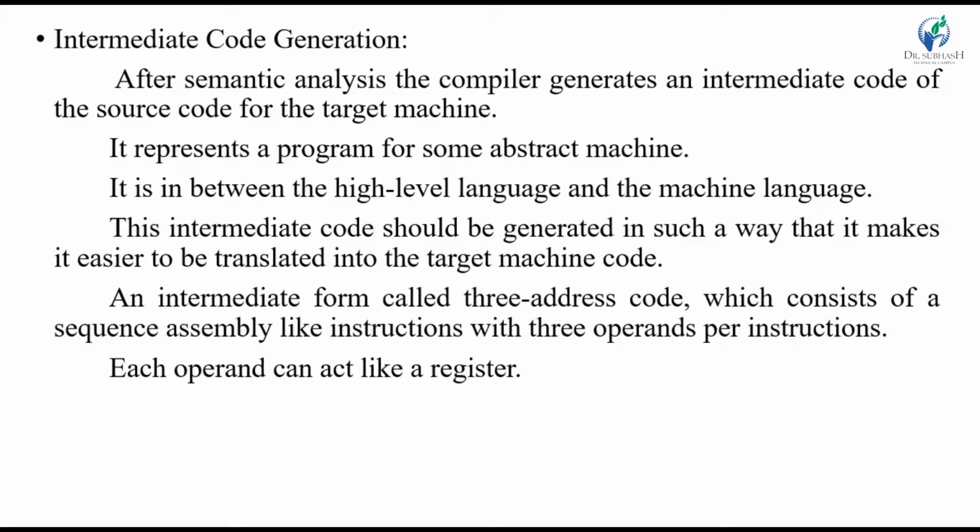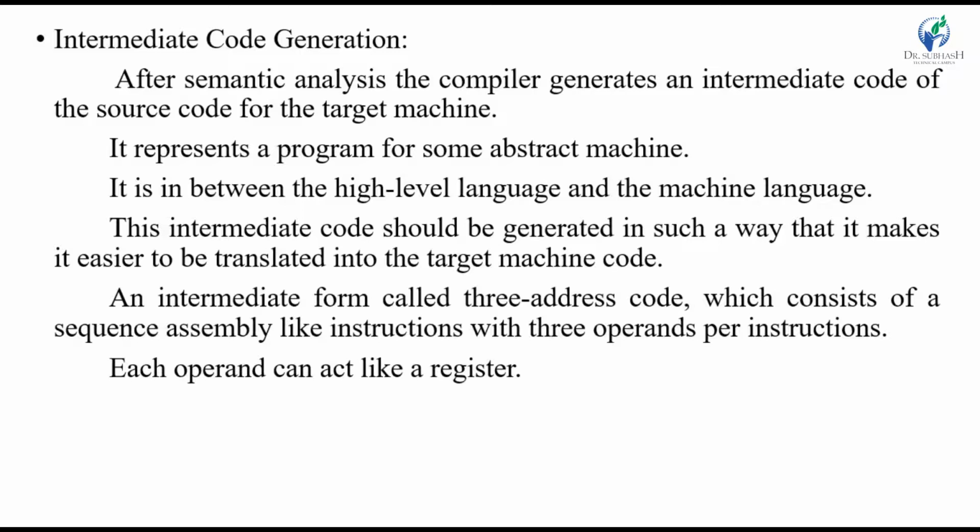This intermediate code should be generated in such a way that it makes it easier to be translated into the target machine code. An intermediate form called 3-address code consists of a sequence of assembly-like instructions with 3 operands per instruction. Each operand can act like a register. In 3-address code, you can use a maximum of 3 operands.